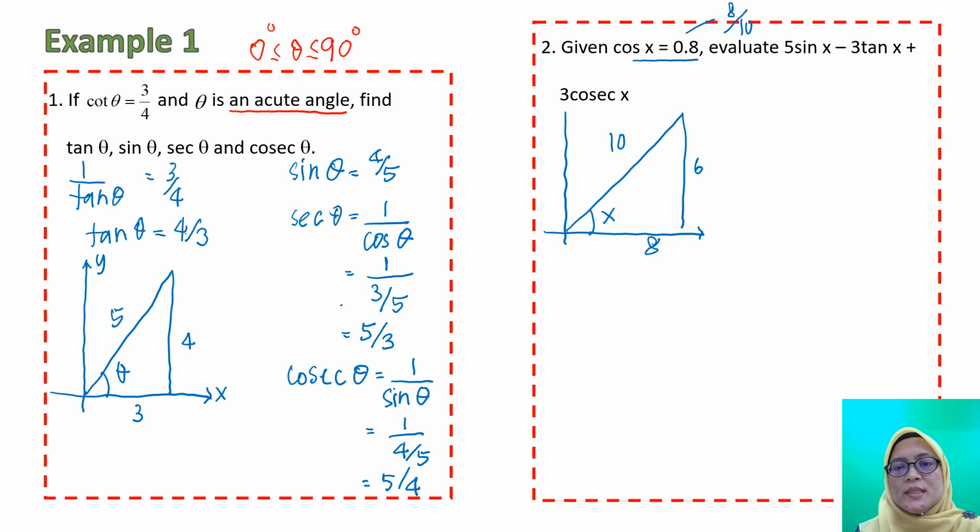Okay, so by using that value, we will find 5 sin x minus 3 tangent x plus 3 cosecant x, where cosecant is 1 over sin.